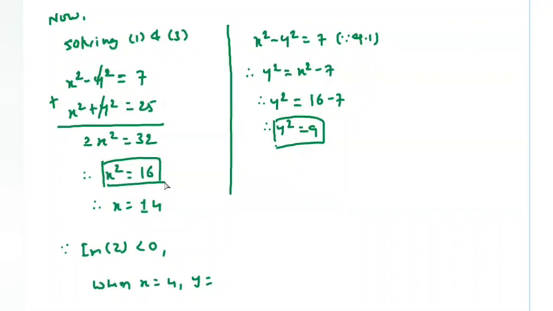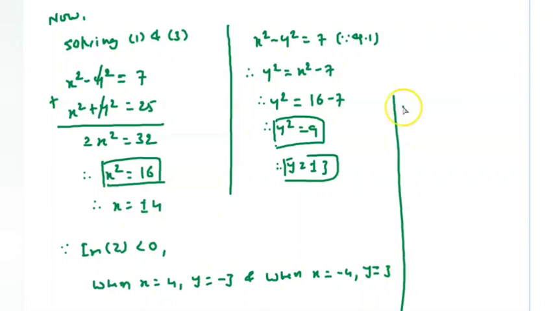When x is 4, y will be minus 3, and when x is minus 4, y will be 3.